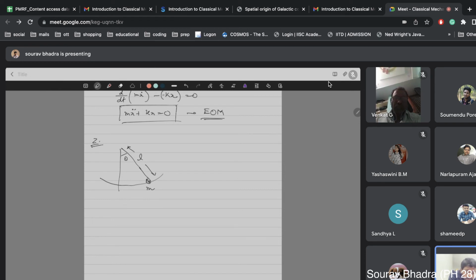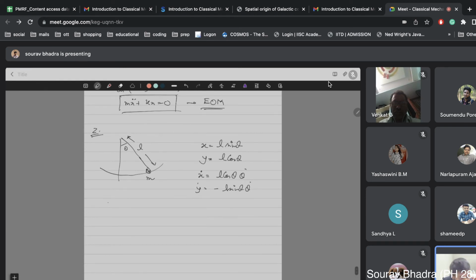We are taking L and theta as the generalized coordinates, whereas x and y are the Cartesian coordinates. So x equals L sin theta, and y equals L cos theta. Now x dot is L cos theta theta dot, and y dot is minus L sin theta theta dot.